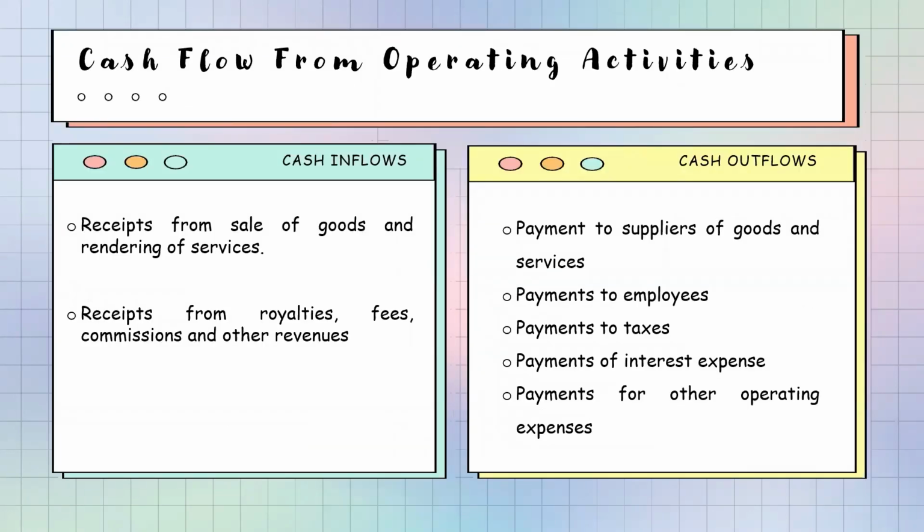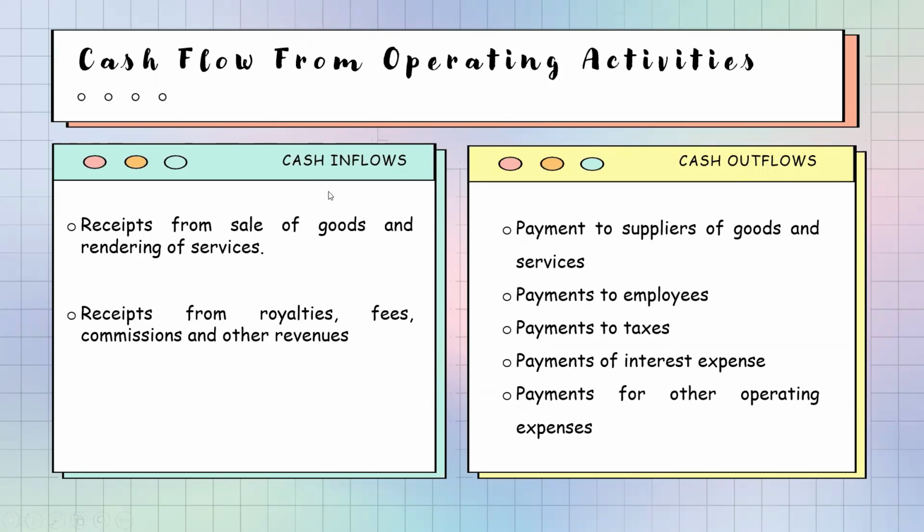So next are the following. Are the major classes of operating cash flows using direct method. So dito sa cash inflows, sabi ko nga kapag cash inflows, yun yung pumapasok na pera sa company. And then cash outflows, yun naman yung pera ang lumalabas sa company.